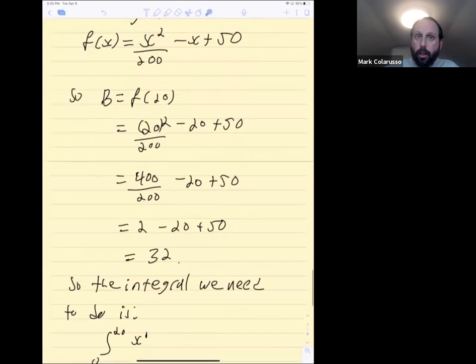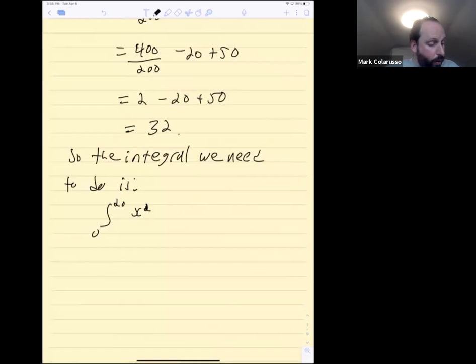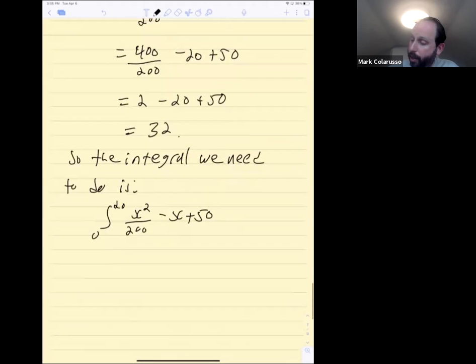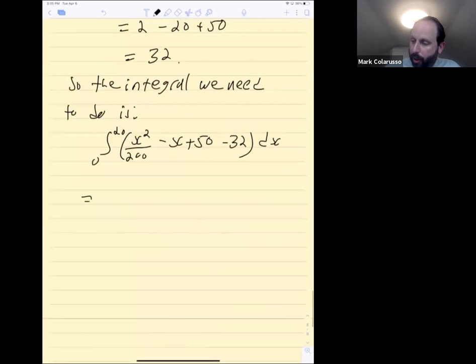So f of x minus b: x squared over 200 minus x plus 50, oh sorry, plus 50, then minus 32, dx. Should simplify this. So this is the integral from 0 to 20 of x squared over 200 minus x, and 50 minus 32 is 18. Clean that up a bit.